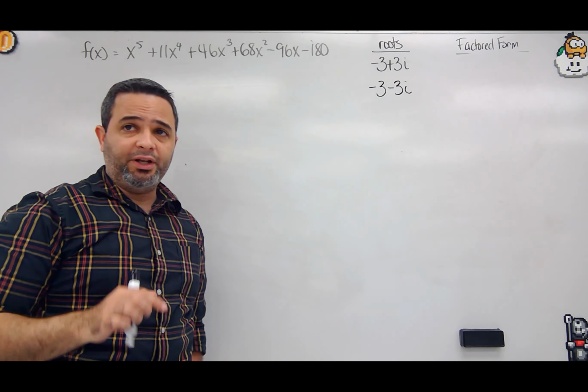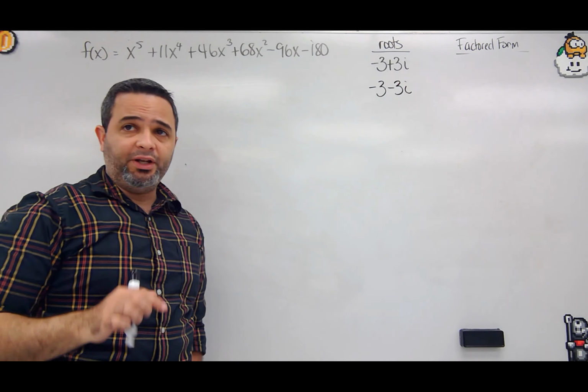I already know, once I finish my multiplying, there should be no more i's left because I'm multiplying the conjugates together. We learned that from the last section, that that's always going to occur when we multiply conjugates together.